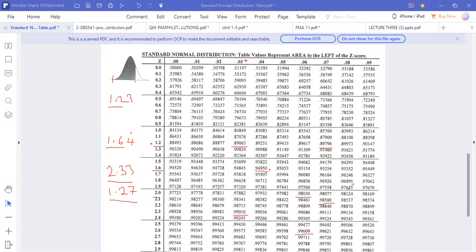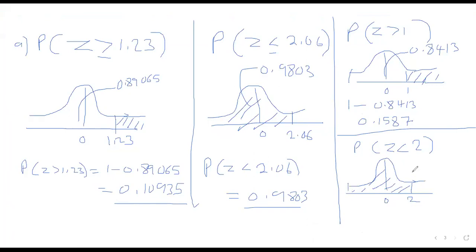So this whole reading from here up to here is 0.9772. So do we subtract from 1 or do we read it directly as it is? Direct. We read it directly because our shading is big.